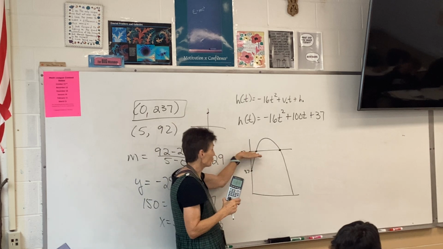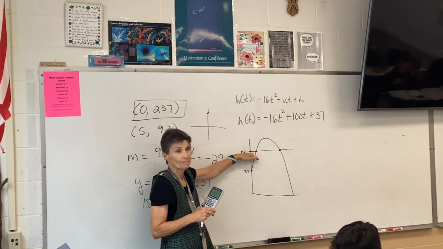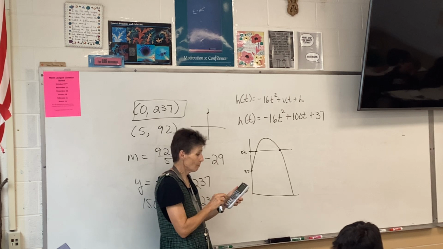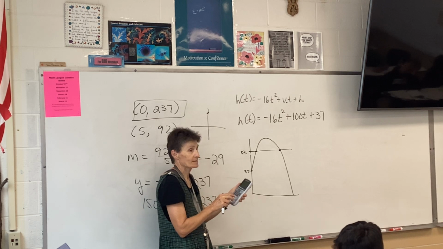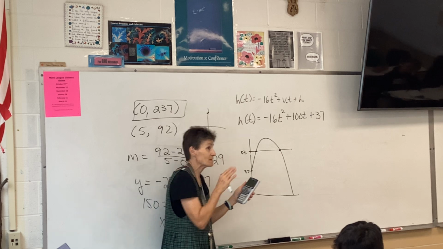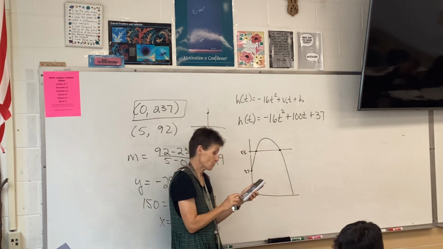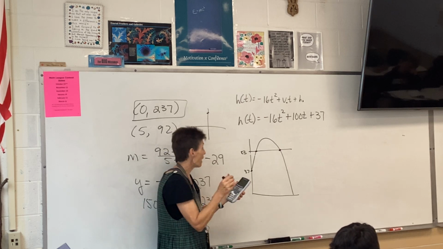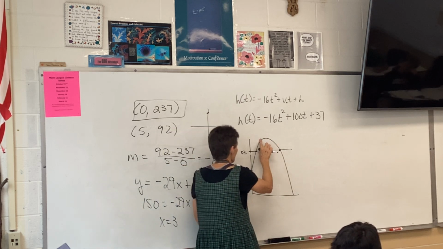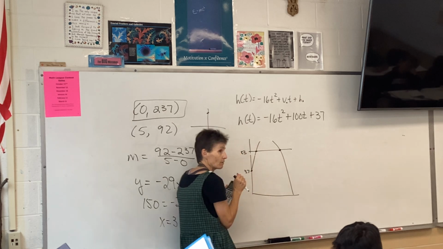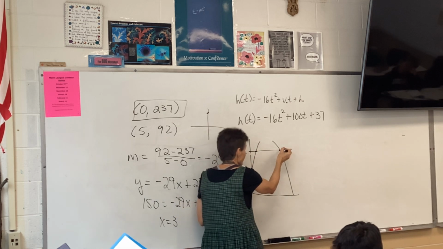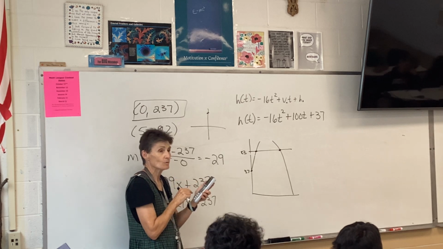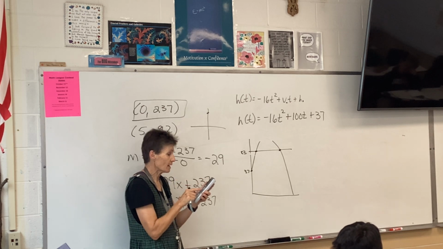Because remember, you're going all the way up to 83. So y, go to window, and y max has to be something bigger than 83. So I'm going to make it 100. Now when I graph, I actually don't see the top of that, but it doesn't matter. I see this, right? That's what I need to see. So I need to find those 2 points. So second calc, intersect.